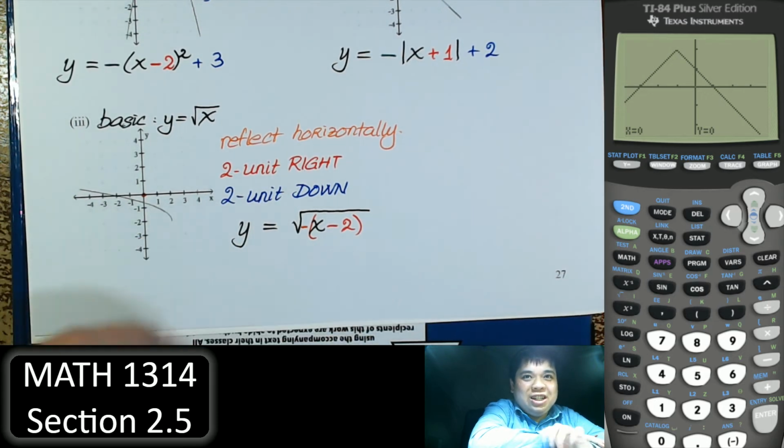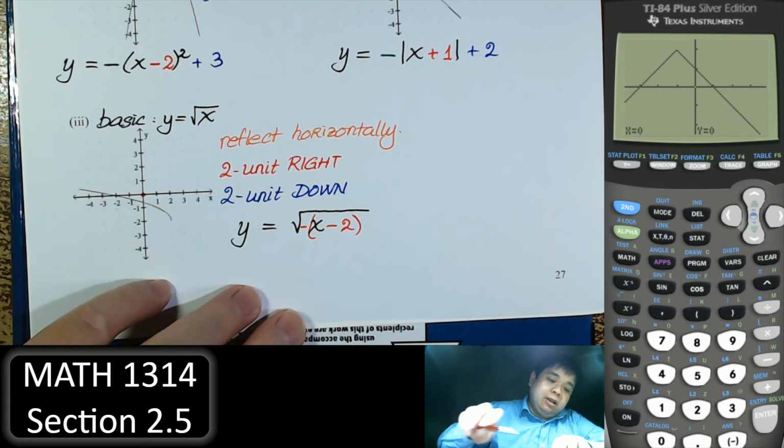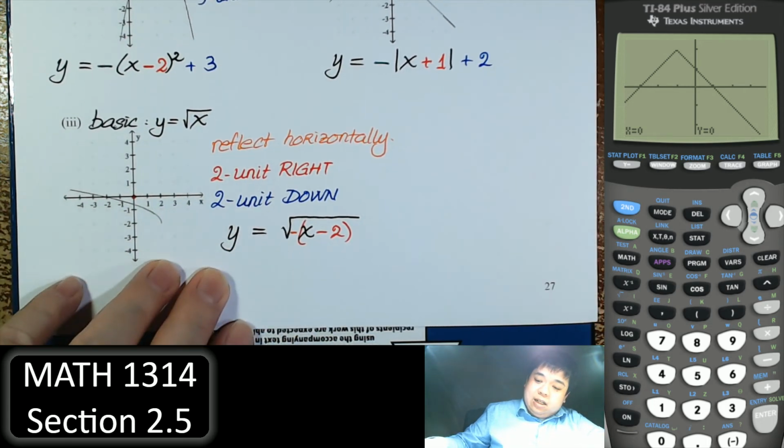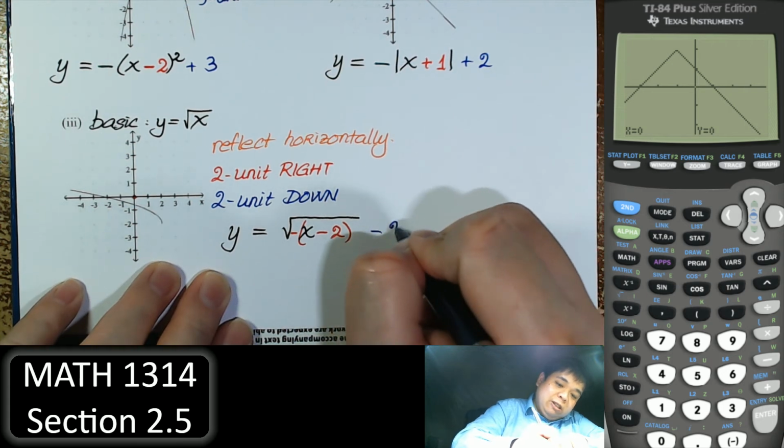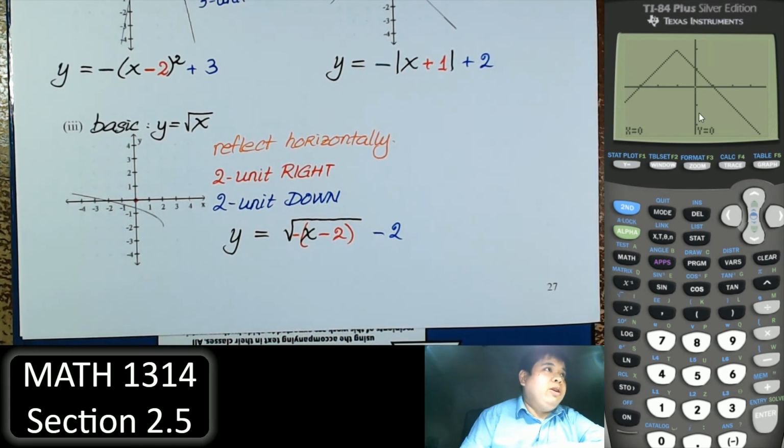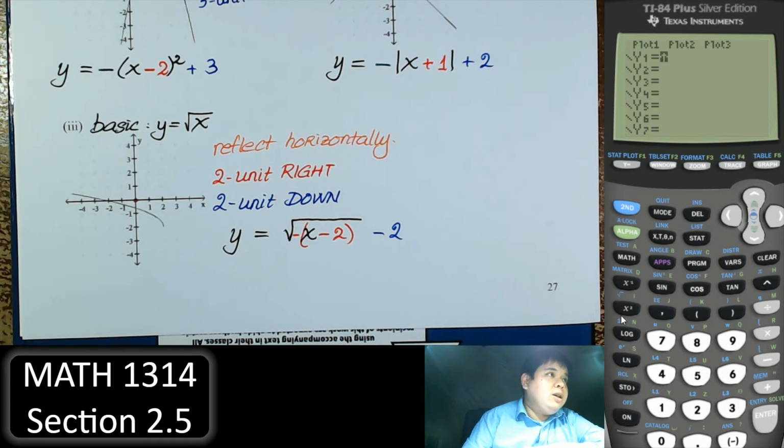So it should be like that. And then 2 units down, right? Now this definitely we need to graph. Square root of negative x minus 2, minus 2.